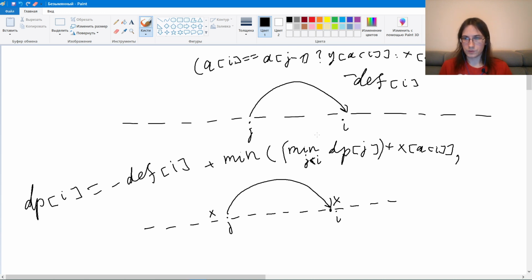So if you want me to write it, this is the minimal dp j for all j's smaller than i such that the previous element to j, a j minus 1, is equal to a i. Among all such j's, we want to find just the best dp j, and in this case we pay the price y for this element, for this value.